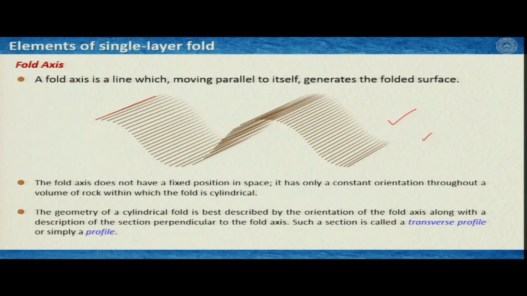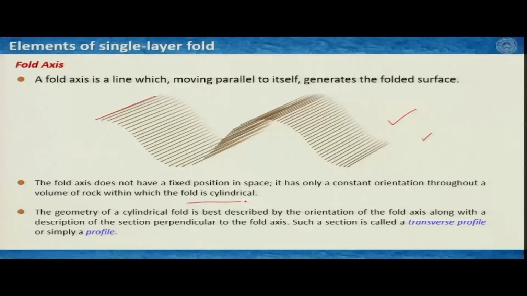Now, from this illustration and whatever we have discussed about the fold axis, I hope you can understand that fold axis is not a material line, or a fixed position in space. It is a direction with a constant orientation, and this is valid for a particular type of fold.